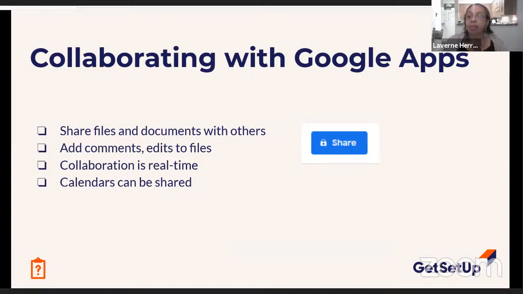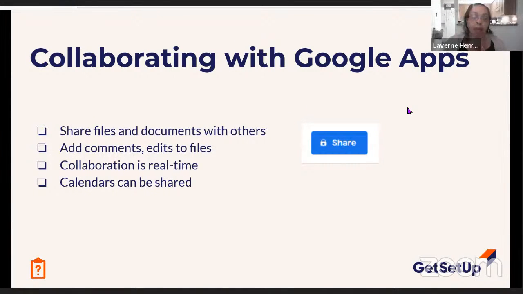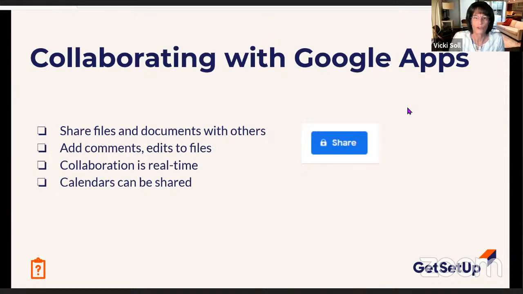No, that's exactly right. That's what you'll do. If you're on a tablet or a smartphone, you'll need to go to either the Google Play Store or the App Store, depending on whether you have an iPhone or an Android, and download the apps individually that way. Yep, you got it. Great question.